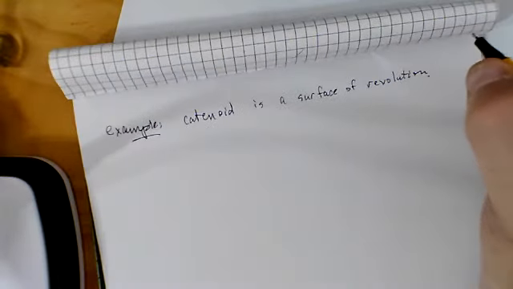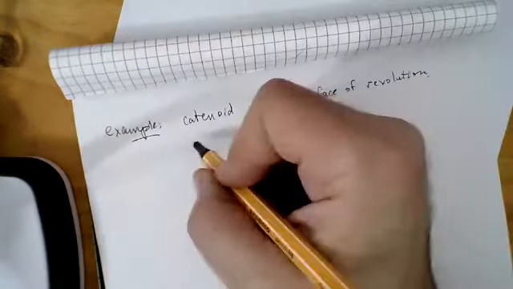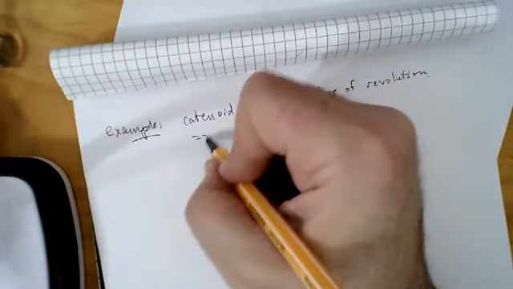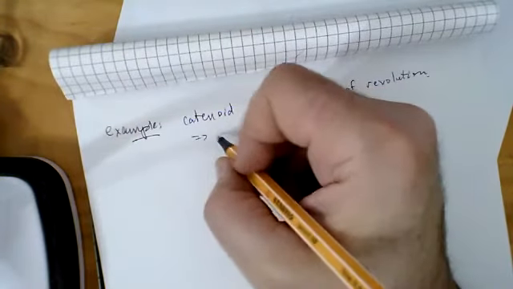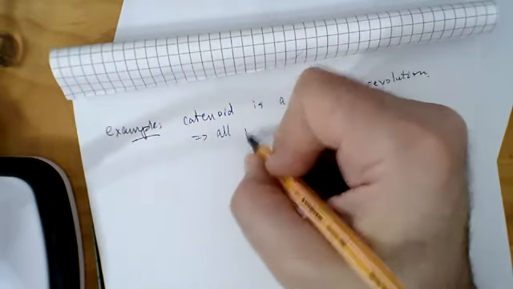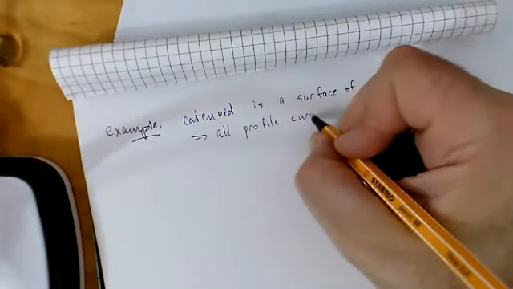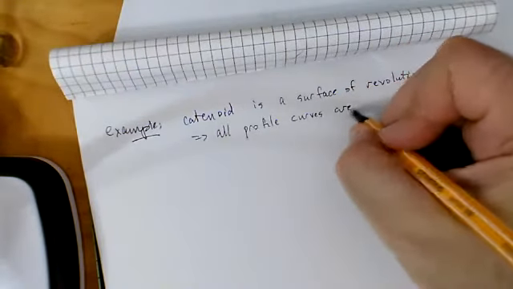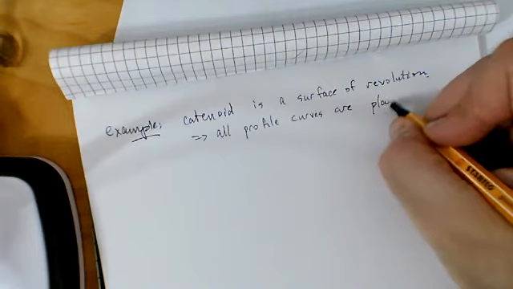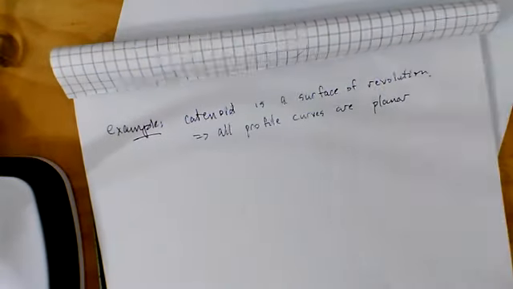And since the catenoid is a surface of revolution, any profile curve is planar. All the profile curves are planar.